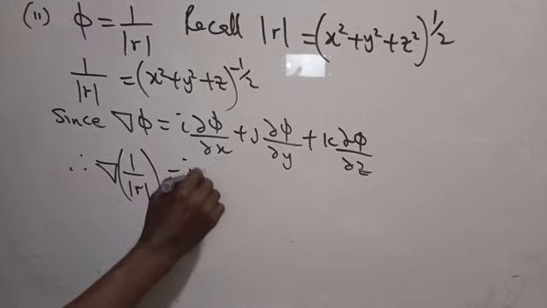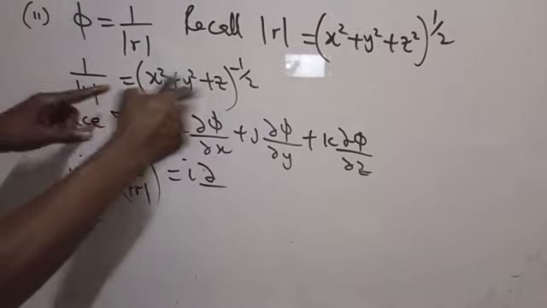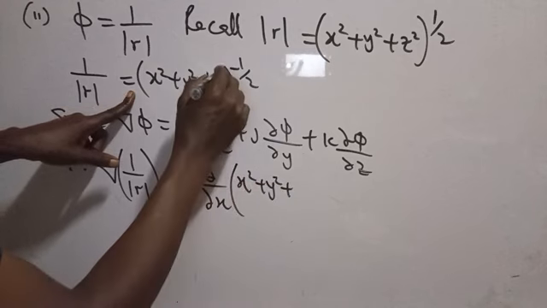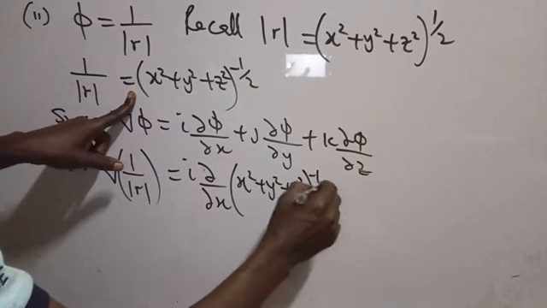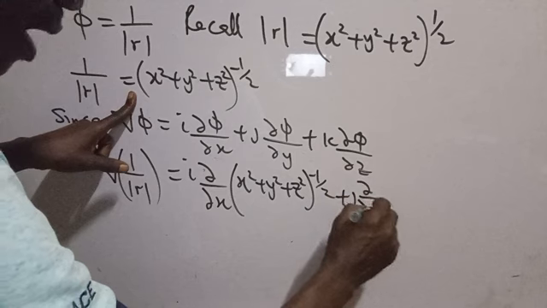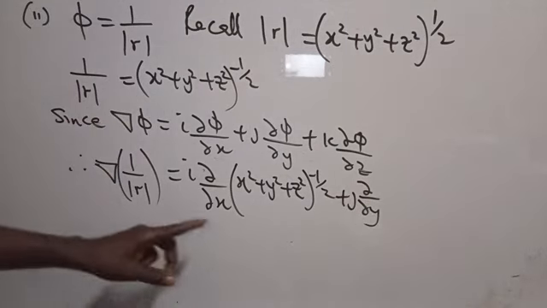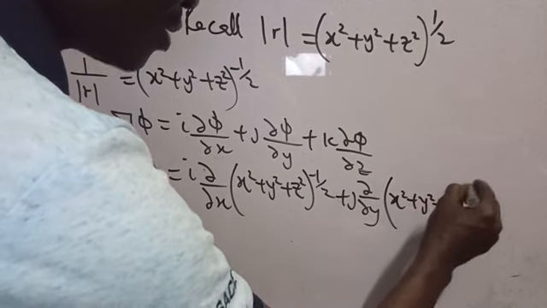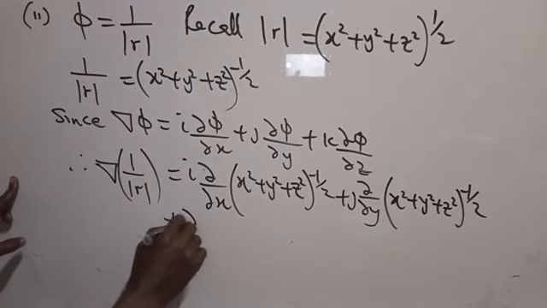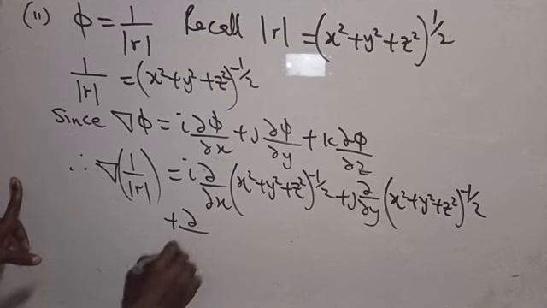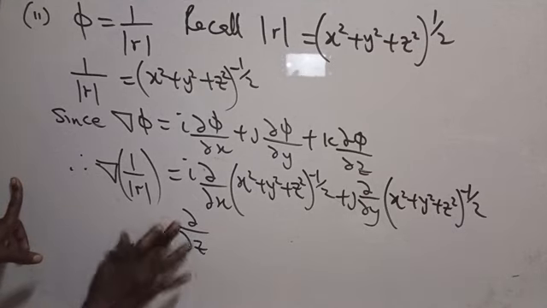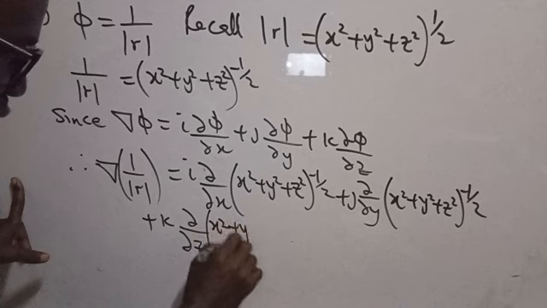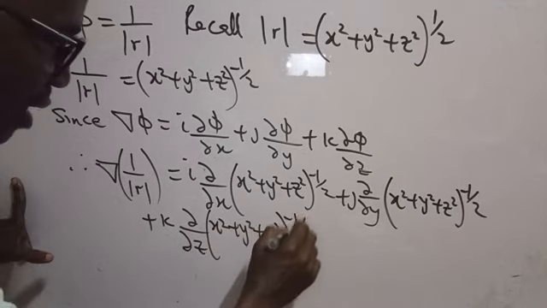i ∂/∂x of (x squared plus y squared plus z squared) raised to minus half, plus j ∂/∂y of (x squared plus y squared plus z squared) raised to minus half, plus k ∂/∂z of (x squared plus y squared plus z squared) raised to minus half.